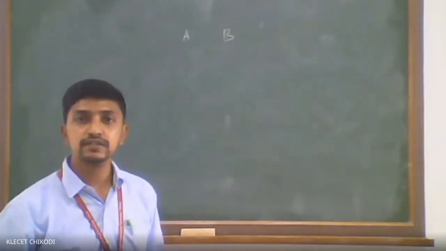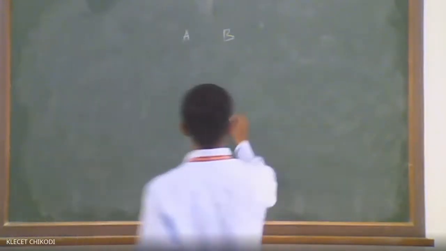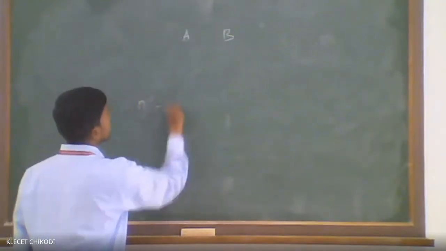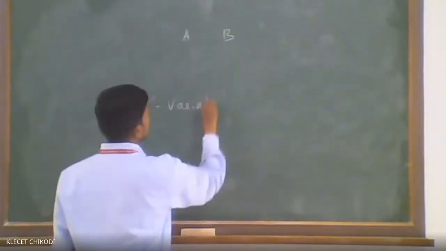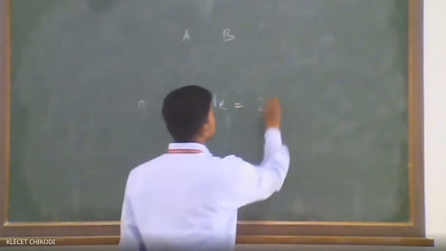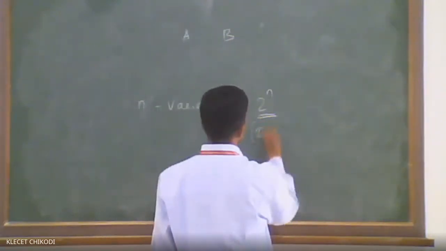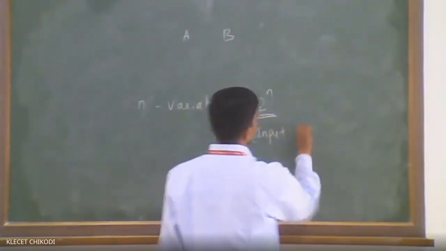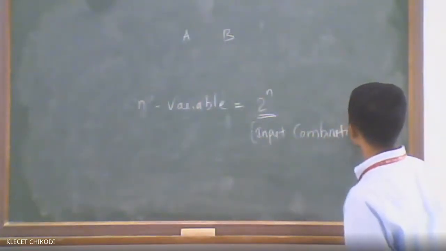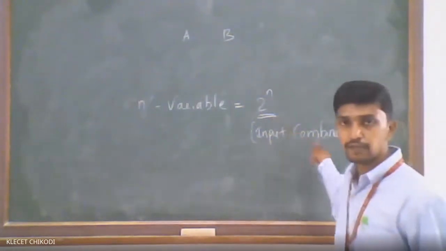So how many input combinations will we get here? As I have explained in the previous class, for n variables, we will be having 2 raised to n input combinations.